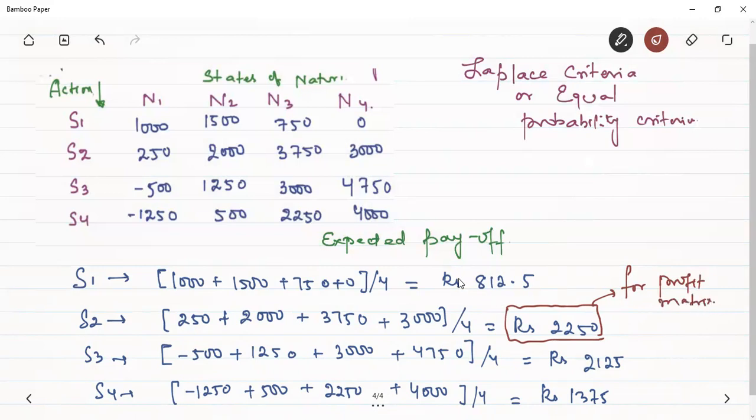And the least value among them is rupees 812.5. So this course of action, that is S1, will be selected for the loss or cost matrix, that is for the minimization problem. So indirectly you can say that this is for the minimization.